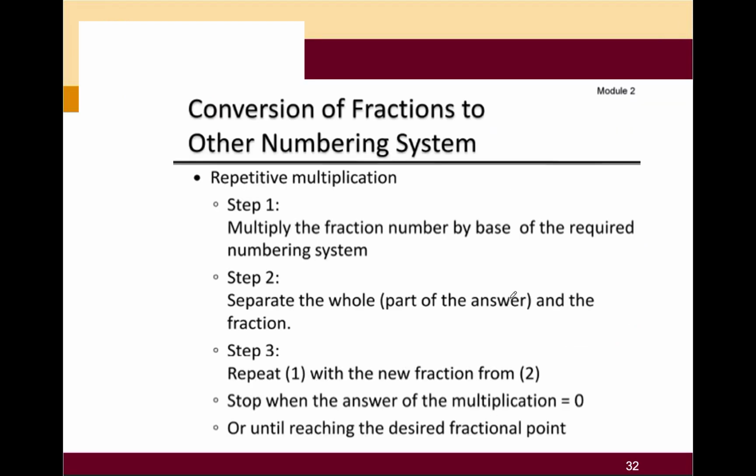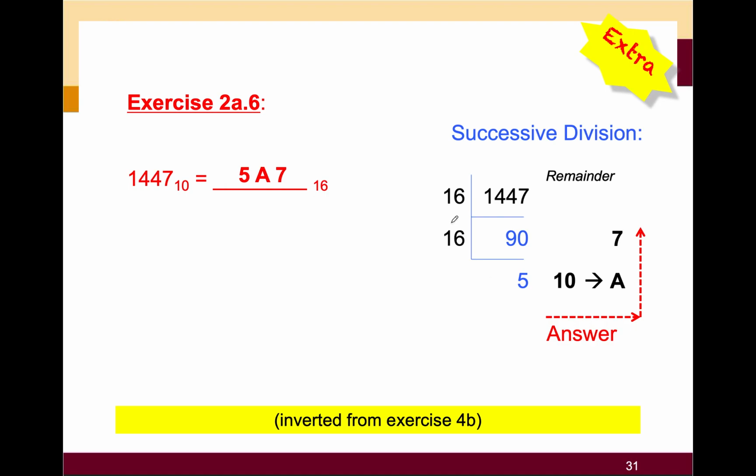So what if, because this one is the positive side of the number, let's say you have a point, let's say 1.2 base 10 and so on. How are you going to divide, let's say 100.52?